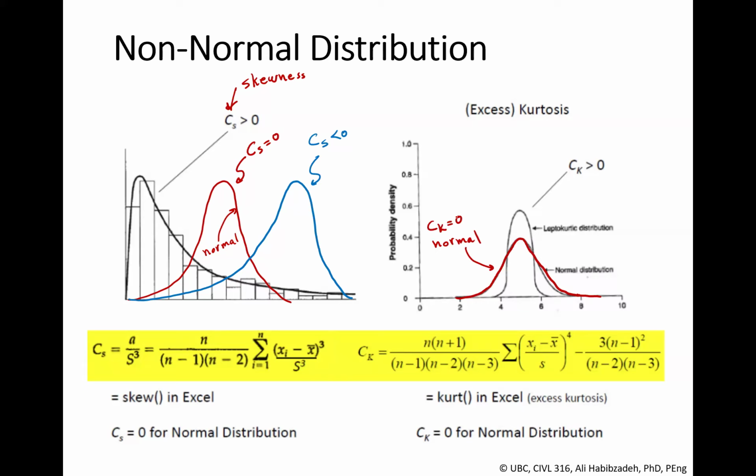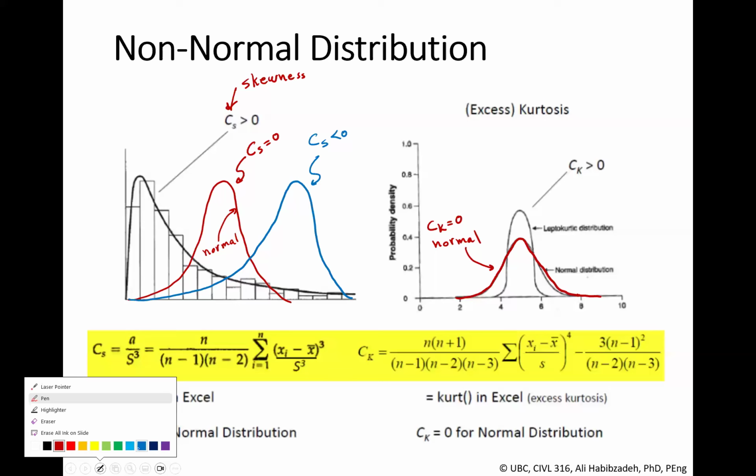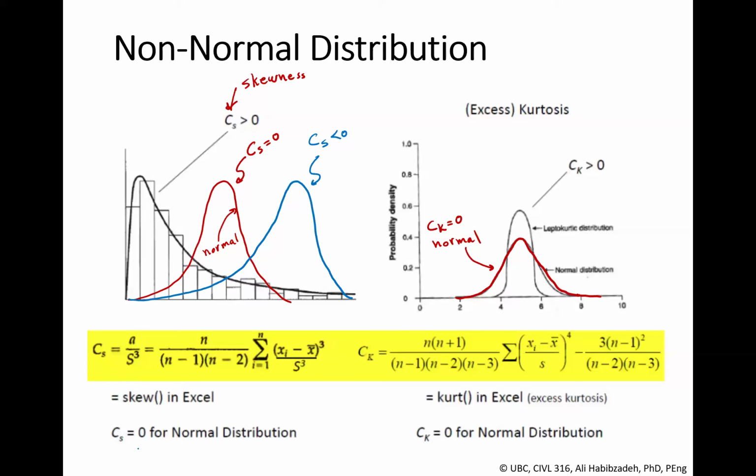If we have a positive CK, like the black line we have there, it's narrower and taller, so it's peakier. If I have a negative CK, it looks like this. So for this one, let me write it here. CK is negative. The kurtosis coefficient is negative.